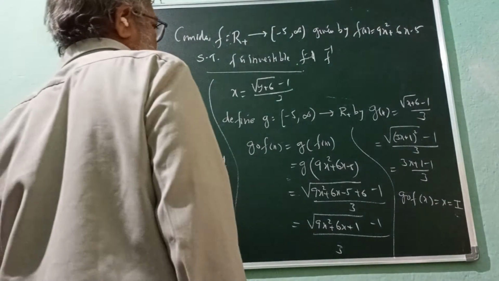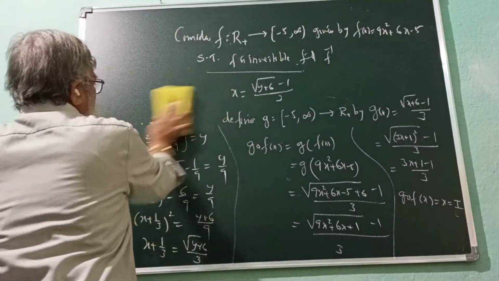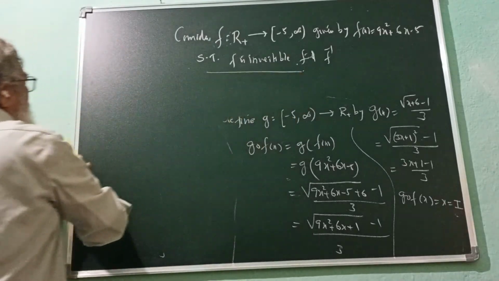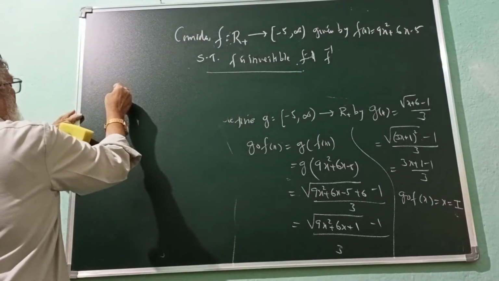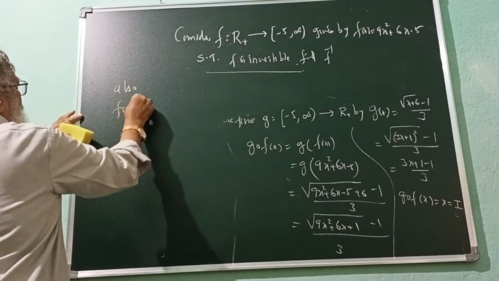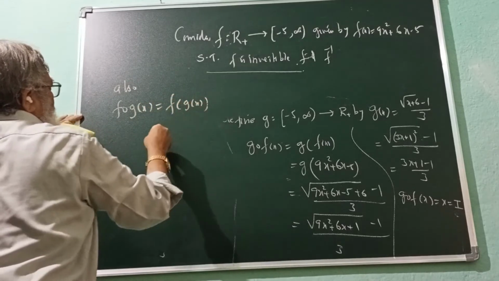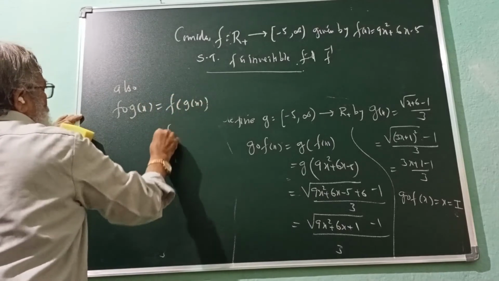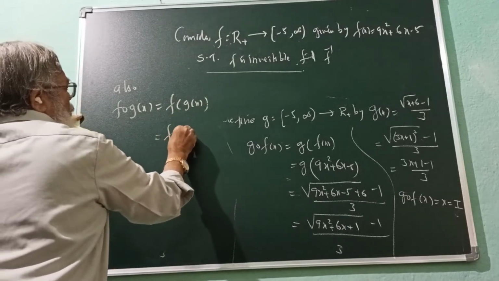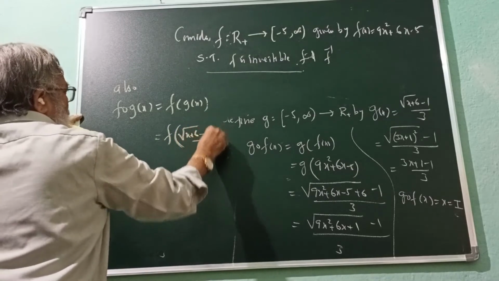Next we have to find out f composition g. f composition g of x, that is f of g of x, where g of x is given by root of x plus 6 minus 1 by 3. This is our x now.